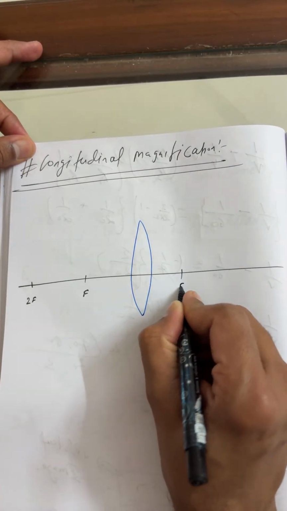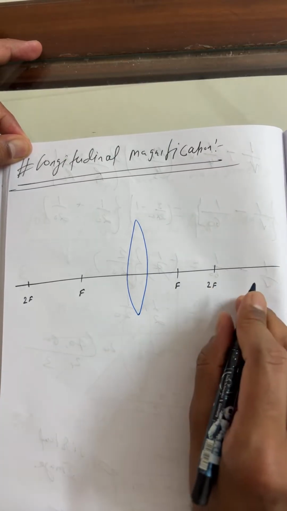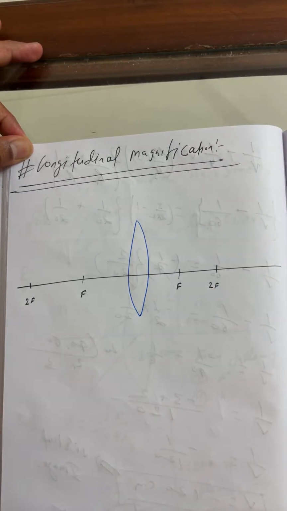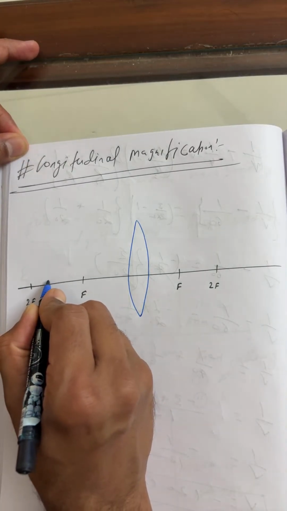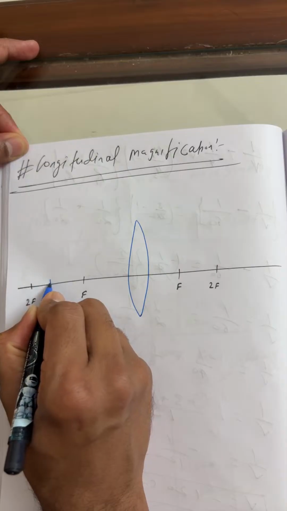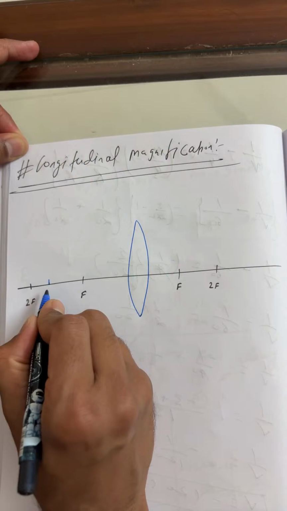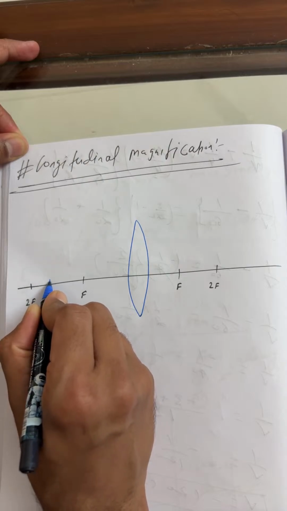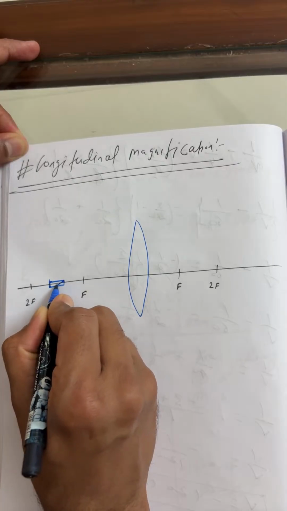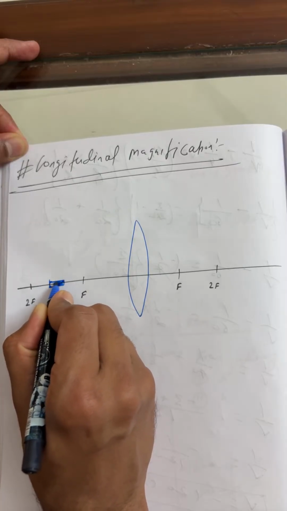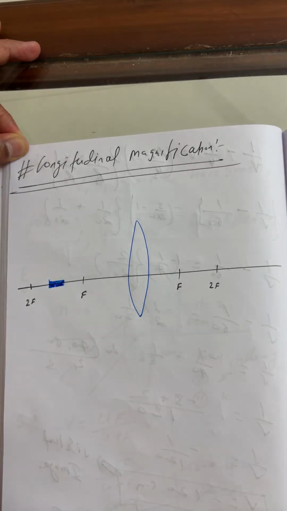So this is the focus, and this is 2F, the center of curvature. I hope all of you remember if your object is lying between the center of curvature and focus here, what is the formation of image?